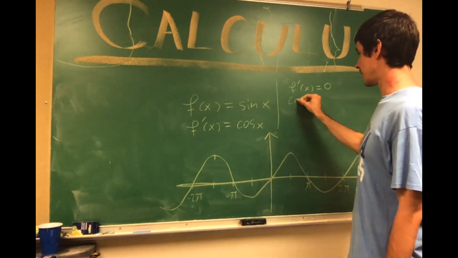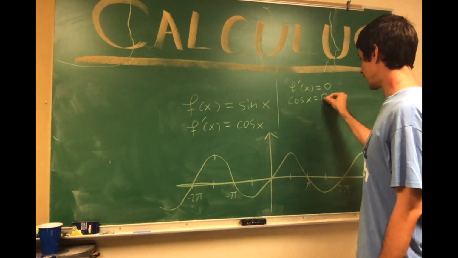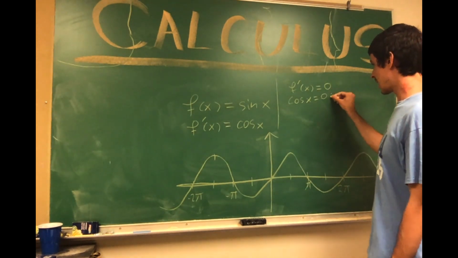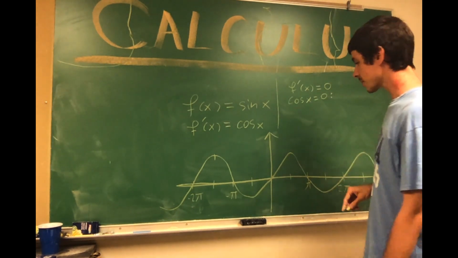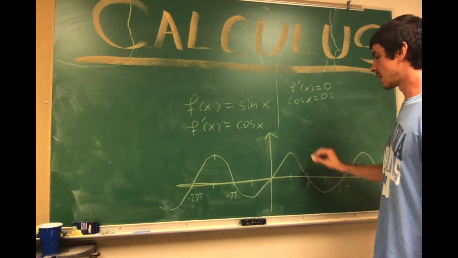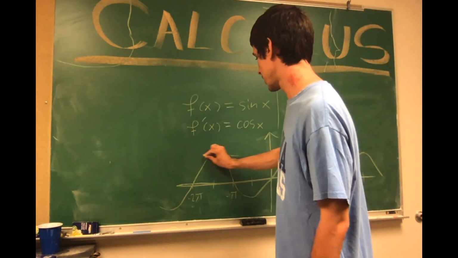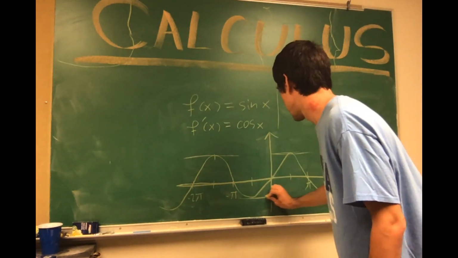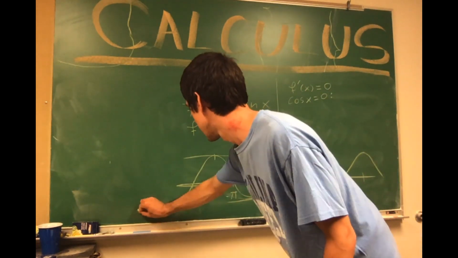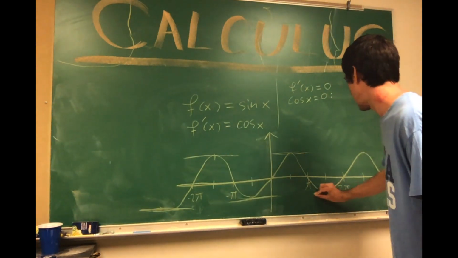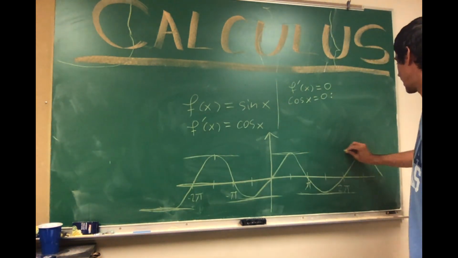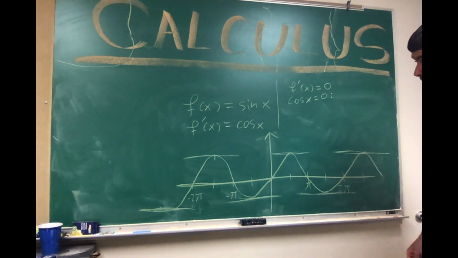So this is where cosine of x equals 0, everywhere where the slope of the tangent line is 0. Right, because the slope of the tangent line is cosine of x.